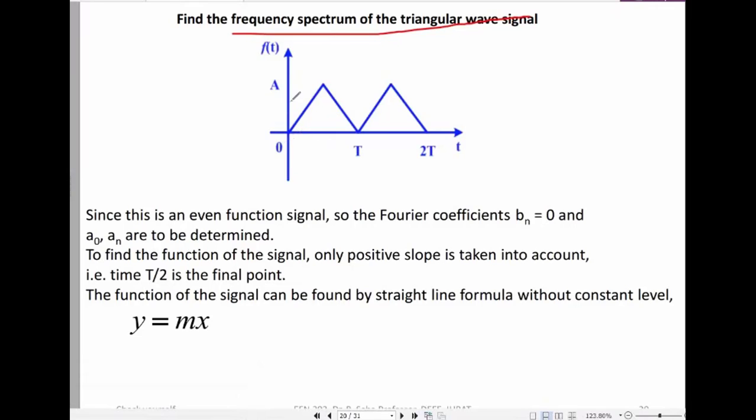So if you see the signal is like this, the right side existed, the left side has not existed. So you need to draw the mirror.